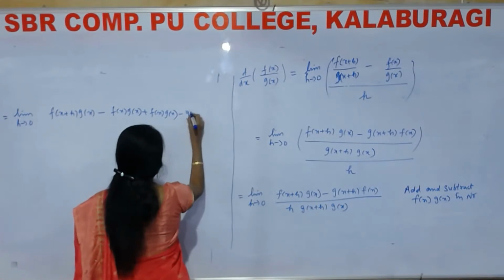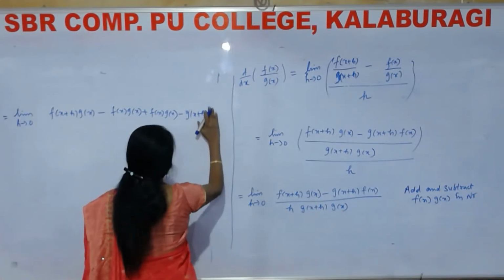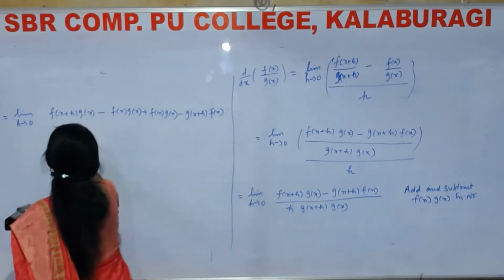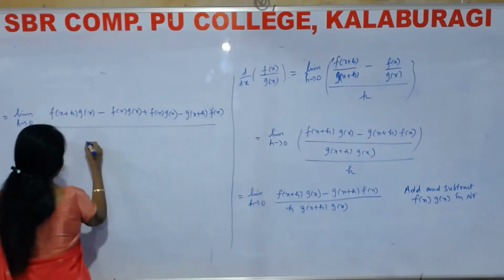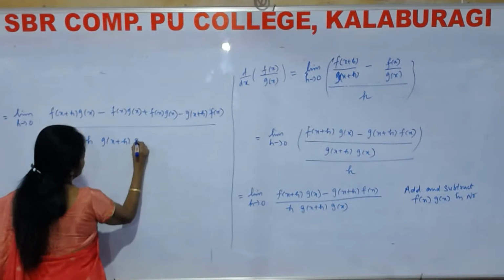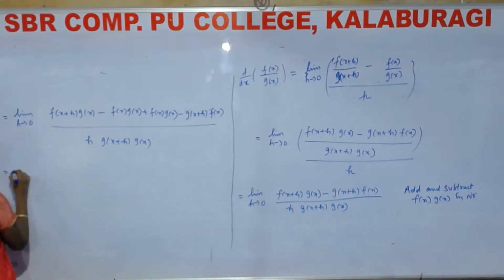Minus g of x plus h into f of x. Okay, so that's right. Divided by h into g of x.